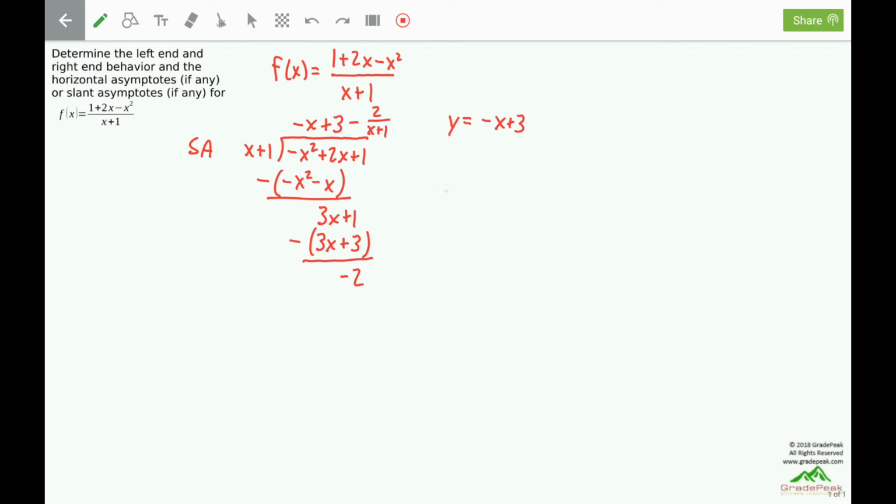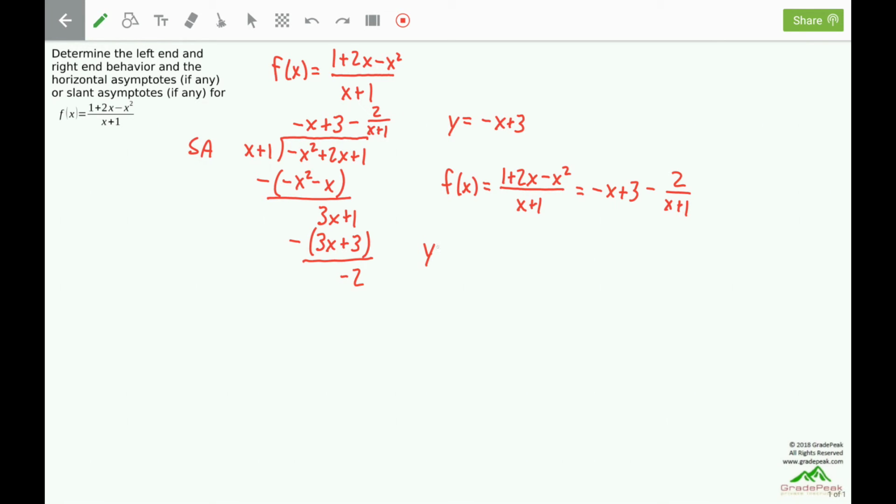Now to show that this is the case, f of x, which is (1 plus 2x minus x squared) divided by (x plus 1), can be rewritten after long division as negative x plus 3 minus 2 divided by (x plus 1).